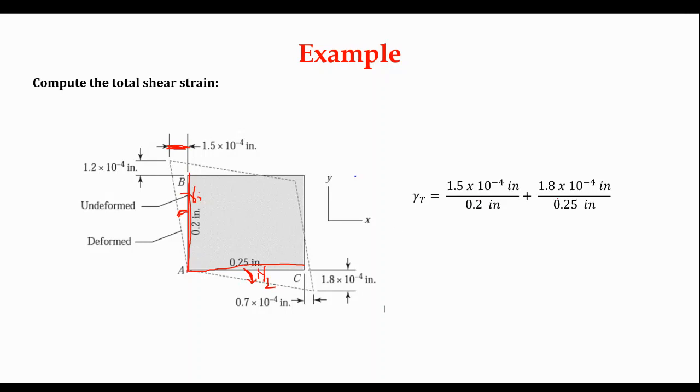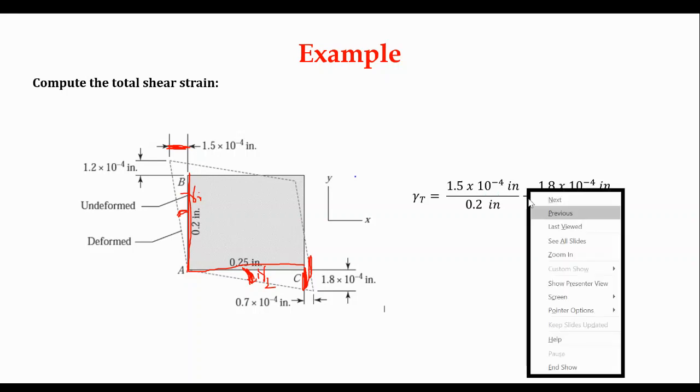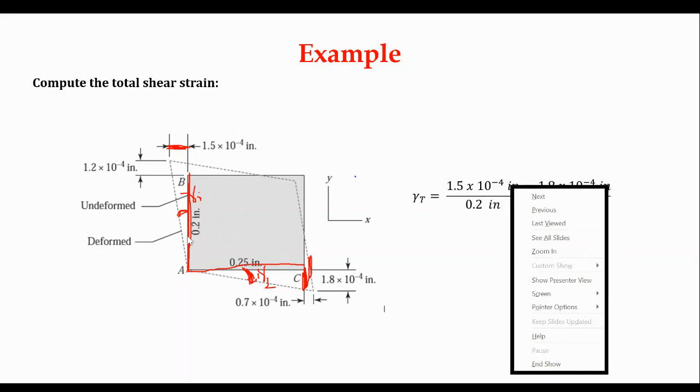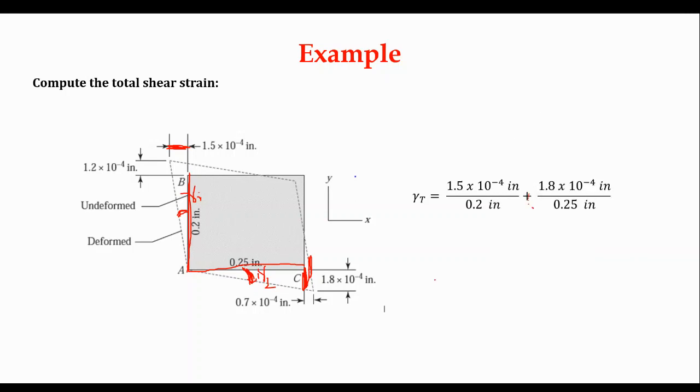And ang gamma 2 naman, opposite over adjacent. So, for this angle, ang iyahang opposite na dimension is kani 1.8 times 10 raised to the negative 4 over 0.25. So, both sila plus kasi pagawas sila sa element. So, therefore, ang shearing strain is 1.47 times 10 raised to the negative 3.